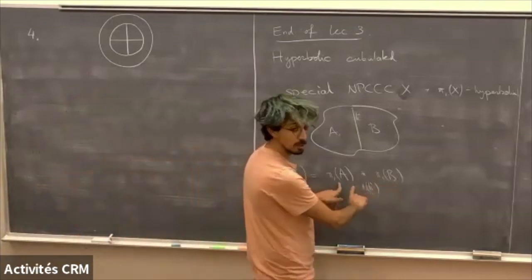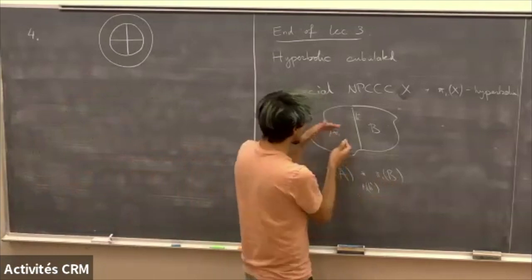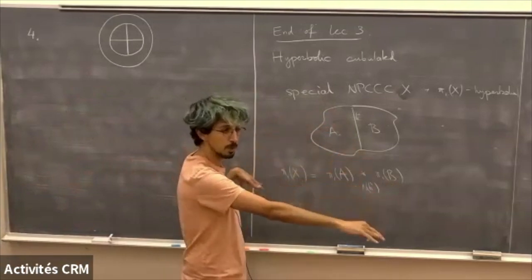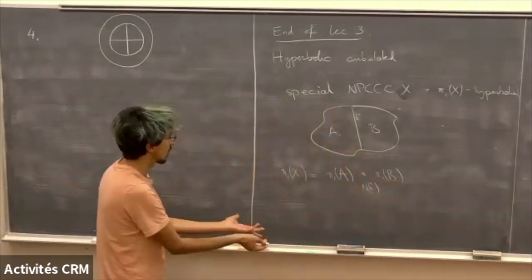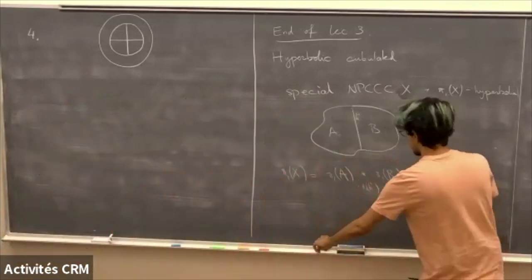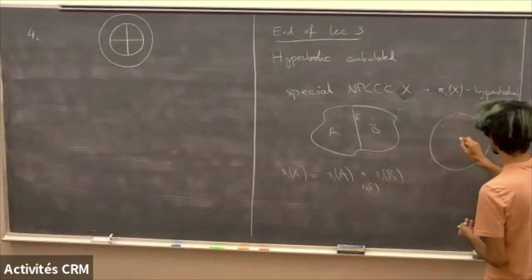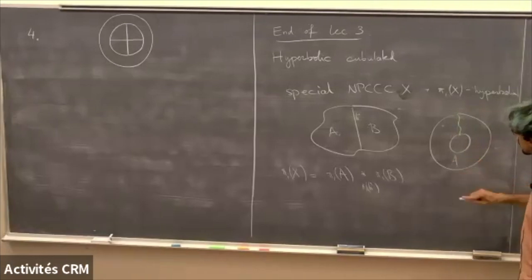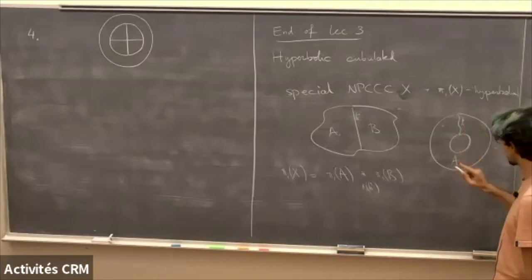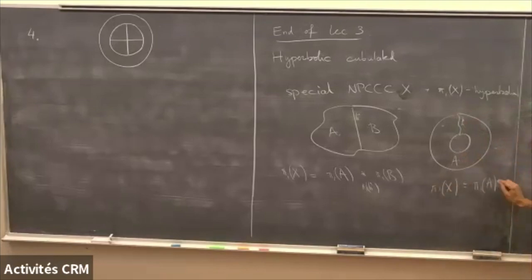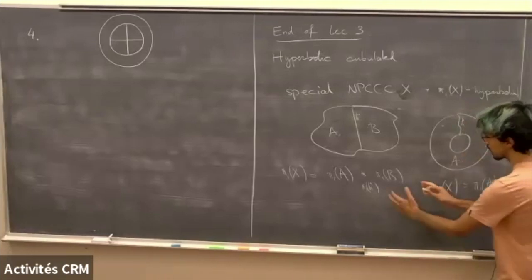So you can split your group along the hyperplanes, but then you can play this game again. Each one of those pieces is again a special cube complex, and you can keep on doing this until you are left with trivial groups. This splitting can be either a free product with amalgamation, or maybe an HNN extension. If you have something like that, here you have one H, one A, so pi1 of X will in this case be an HNN extension.